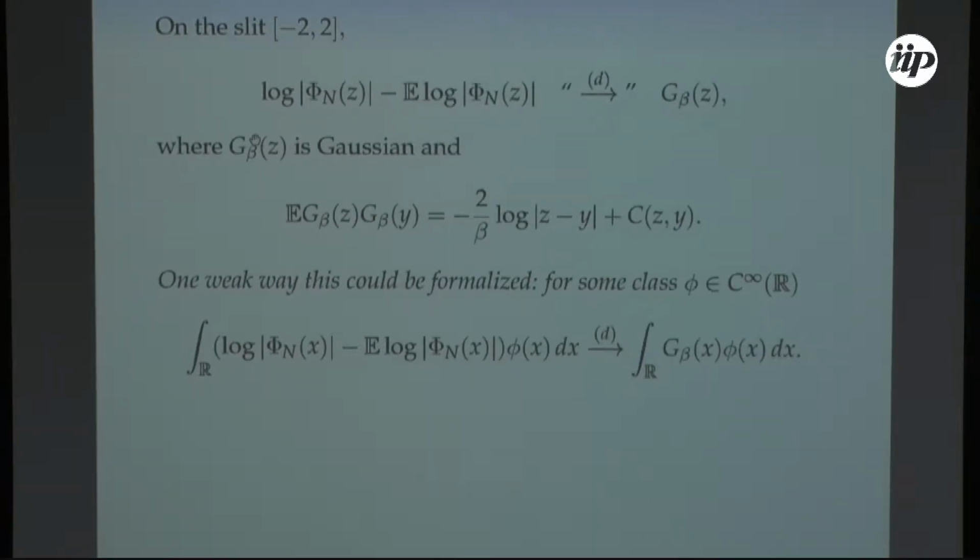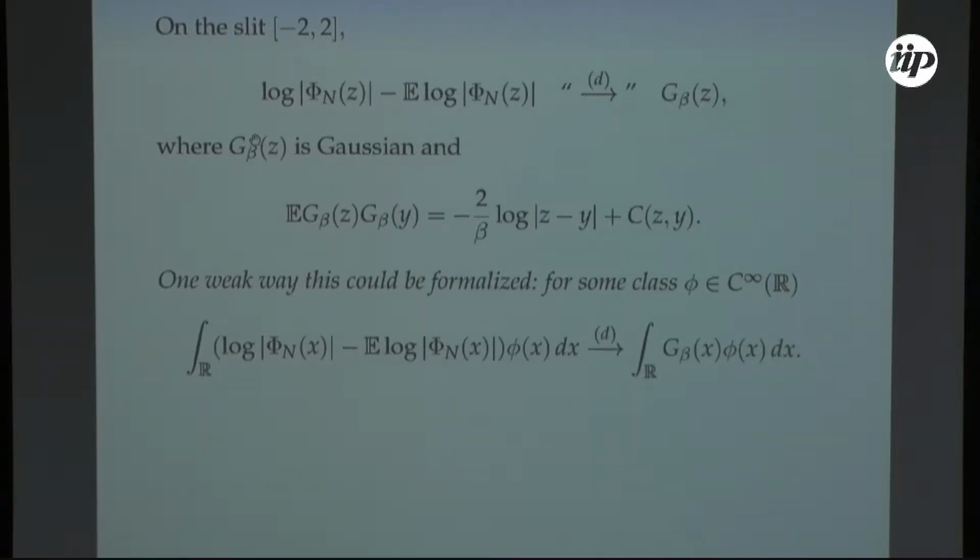One way that you could actually formalize this sort of arrow with question marks around it, or quotation marks around it, you could actually integrate this against test functions, and then this is a relatively straightforward theorem to prove that these integrals of this field against this test function converge in distribution to that.